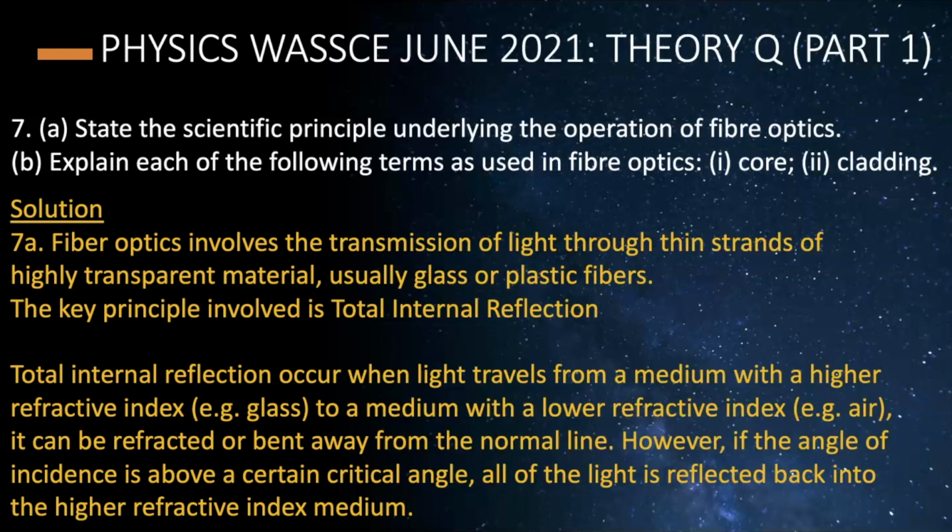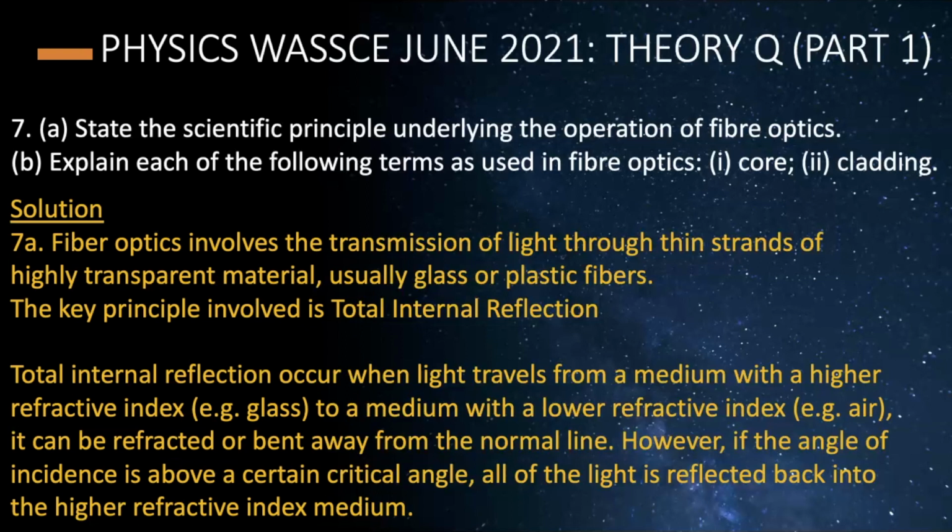So for this scenario, when light travels from a medium with high refractive index to a medium with a low refractive index, for example from glass to air, light is refracted. It can be bent away.